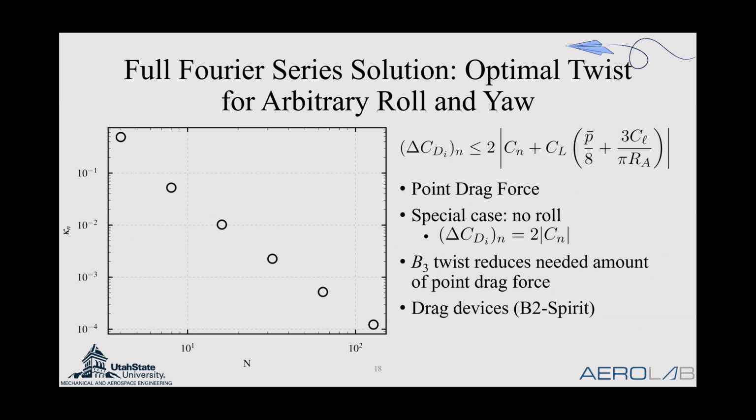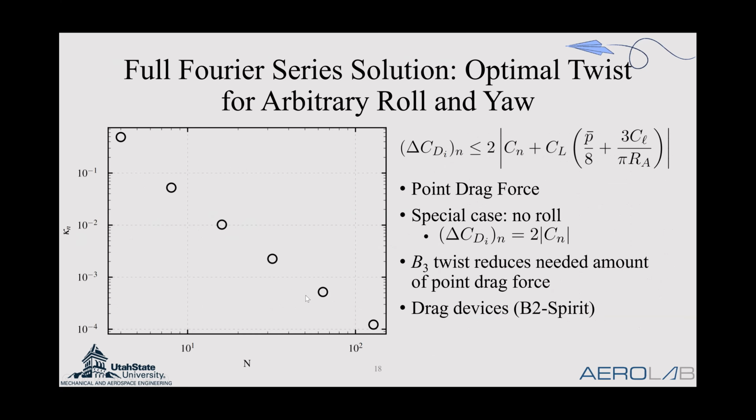This right here, I'm not sure if we have time to go over it, but I considered, what if we don't limit ourselves to the B3 lift distribution? What if we use all of the Fourier series and try to use that for controlling rho-yaw coupling, or just to generate a yawing moment?